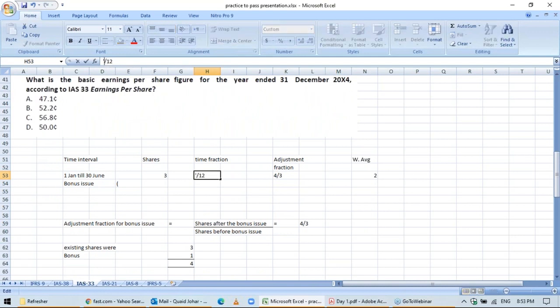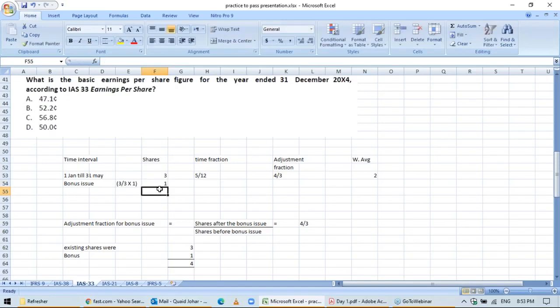So if the bonus is issued on 1st of June, then we'll be taking 5 months time, from 1st January till 31st of May. Right? So time fraction is 5 months, and now the company issues 1 bonus share for every 3 shares that were existing. So what happens is that 1 million more shares have been issued.